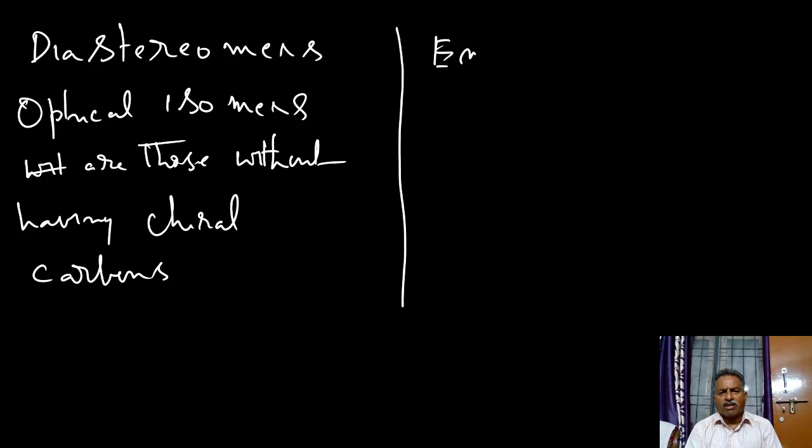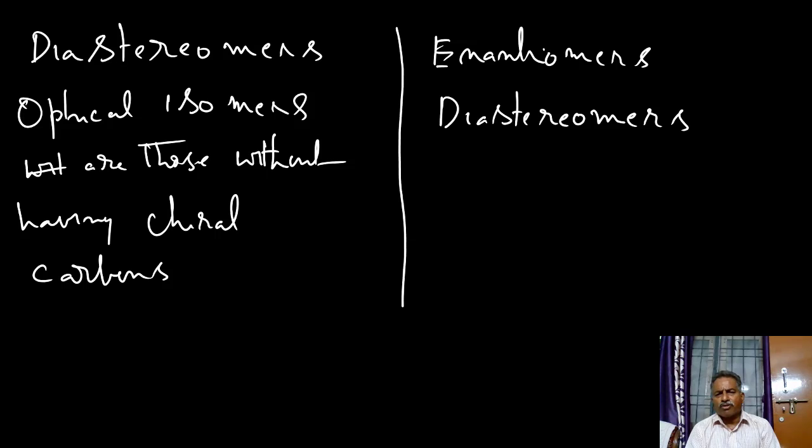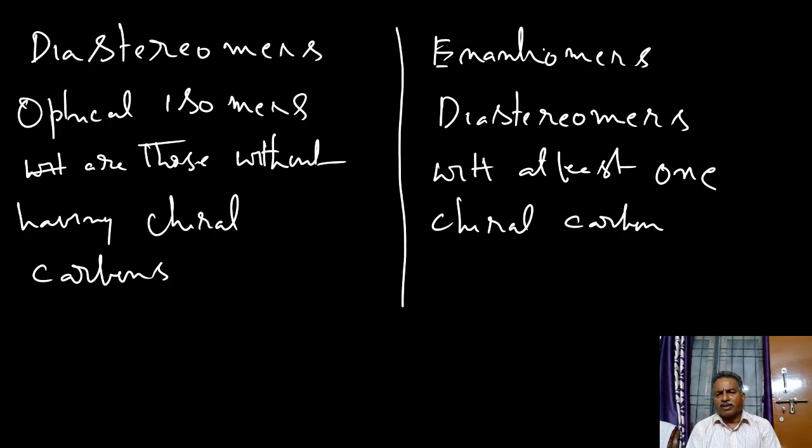Enantiomers, on the other hand, are diastereomers with at least one chiral carbon. So diastereomers may or may not have chiral carbons, whereas enantiomers are diastereomers with a chiral carbon.